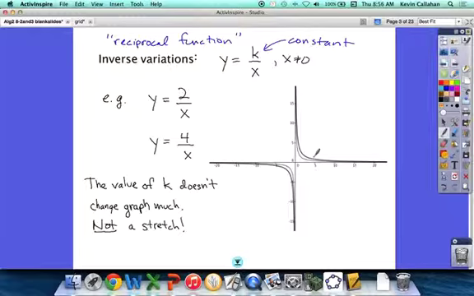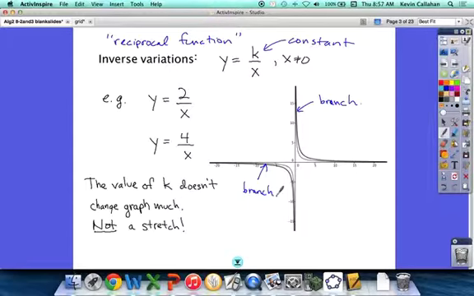It doesn't much matter what the number is for our purposes here. It's still going to look like there's 2 branches, right? That's a branch. That's a branch. There's 2 branches. One of them is in the first quadrant. One of them is in the third quadrant. And that'll be the same no matter what that number is in the front.